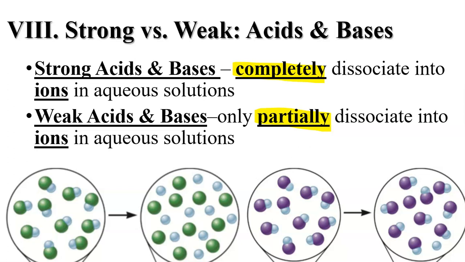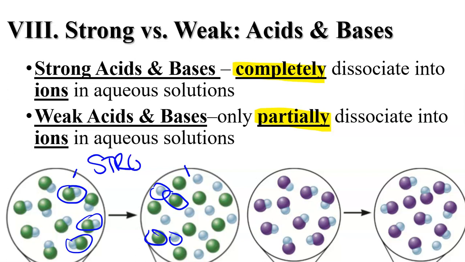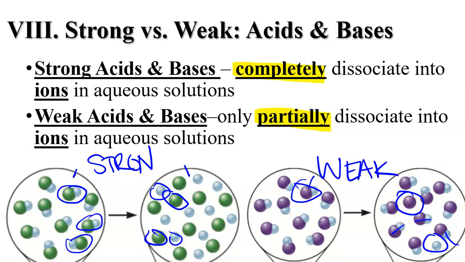Over here, see how we have these compounds that separate completely. Every single compound separates completely. This is going to be a strong acid or base. And on this side, we have a compound that only separates once. It doesn't separate every single compound, so this is going to be a weak acid or base.